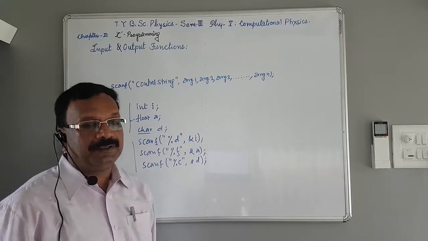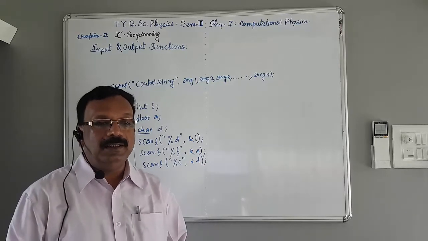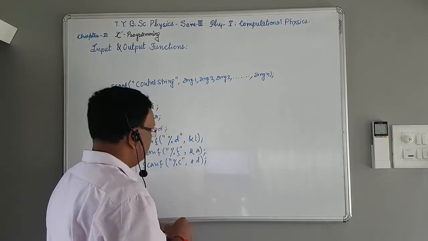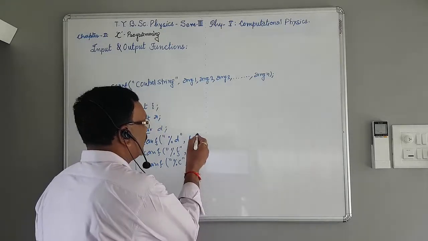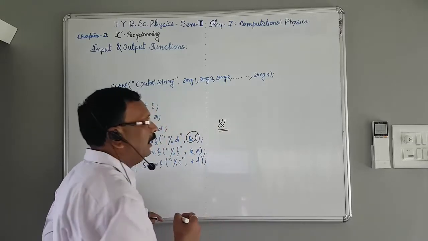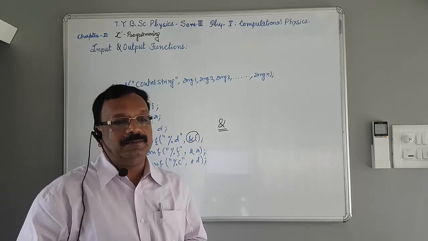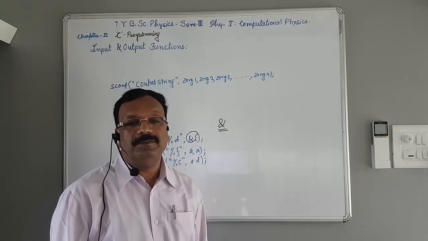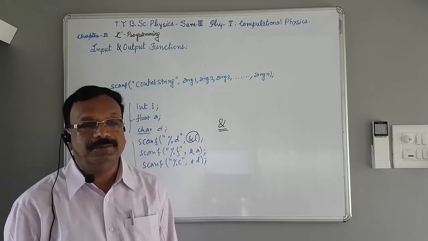Now these are the arguments. Arguments refer to pointers that indicate the address. See here, &i. This is called ampersand, and it is an operator or a pointer that indicates the address of the data item within the computer memory.